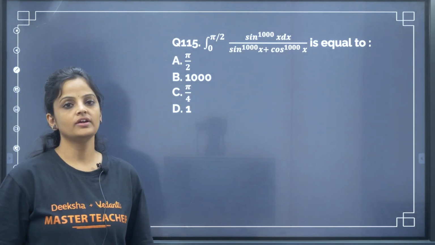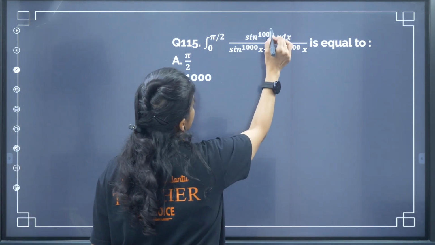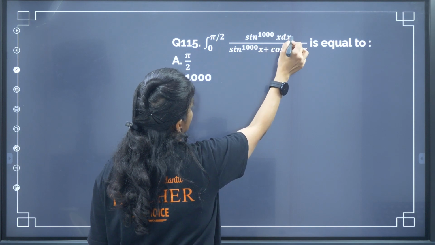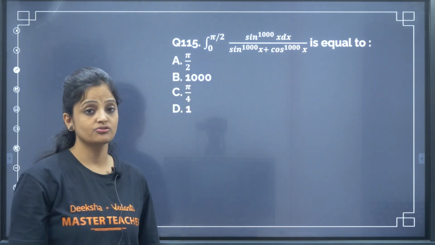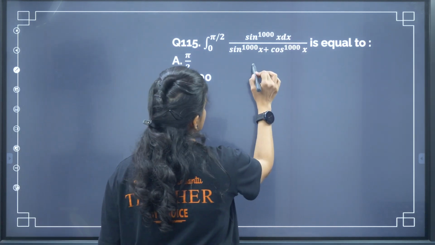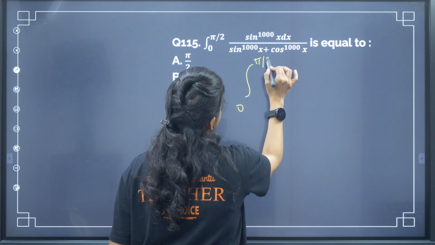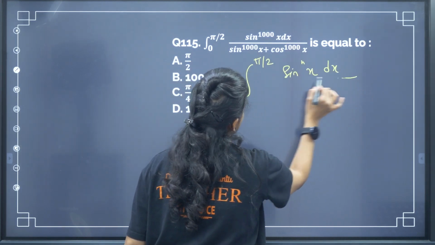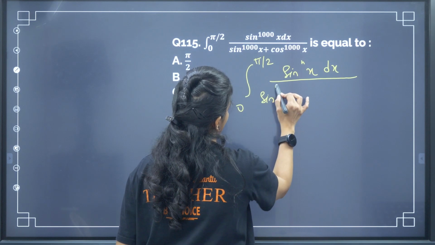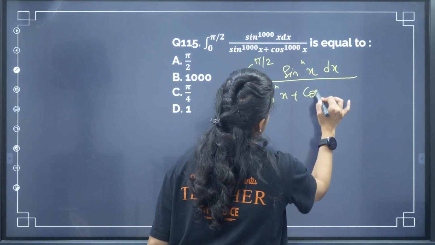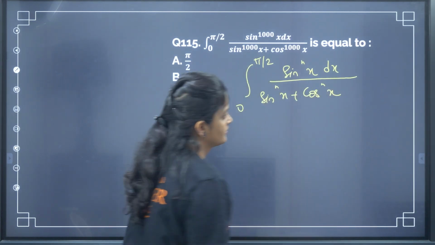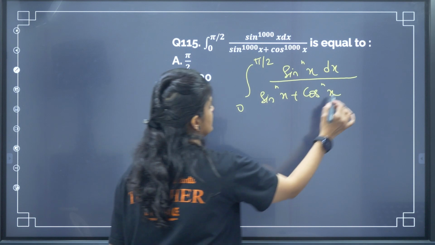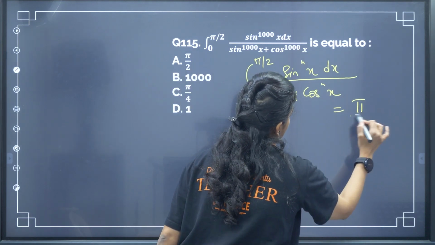This also has a standard result. See, sine to the power of something x dx, and the denominator also has the same power. It is going to be in the form of sine to the power nx divided by sine to the power nx plus cos to the power nx. Then the answer will be pi by 4.